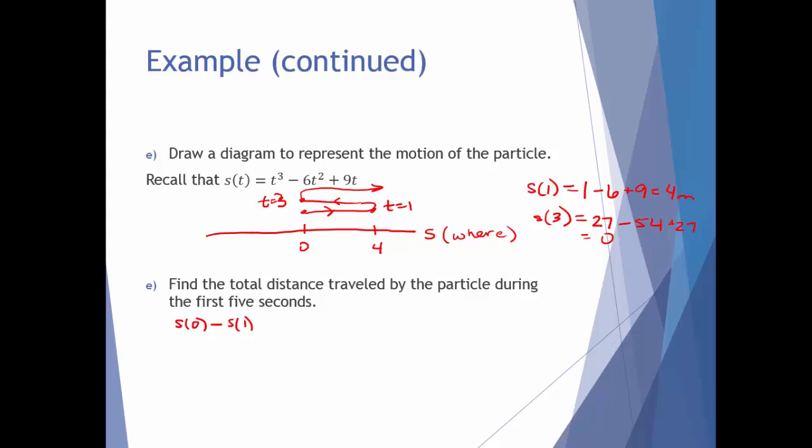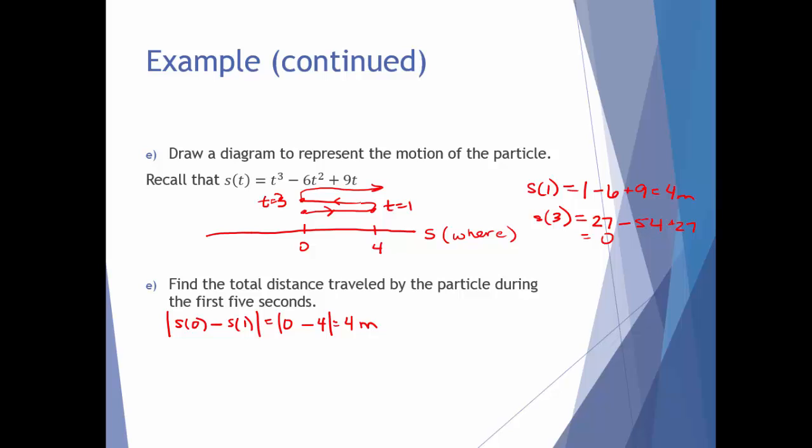On the off chance that this came out negative, we need to look at that inside absolute values. We calculated S of 0 to be 0, and we calculated S of 1 to be 4. And sure enough, that ended up coming out negative just because of the order I went in. But once you take its absolute value, it turns out that between 0 seconds and 1 second, our particle traveled 4 meters.